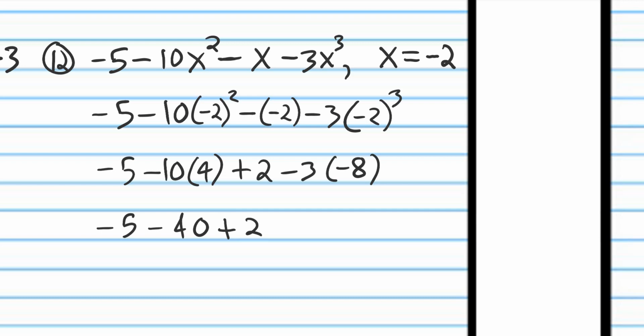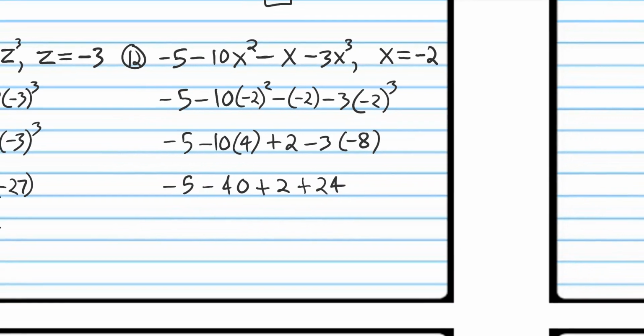And -3 times -8 is +24. -5 minus 40 is -45. -45 plus 2 is -43. -43 plus 24 is -19. So if you got -19, good job.